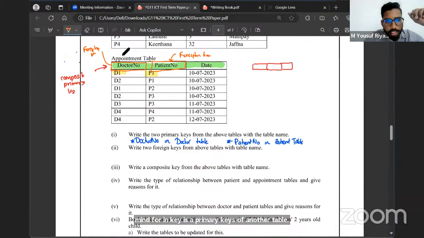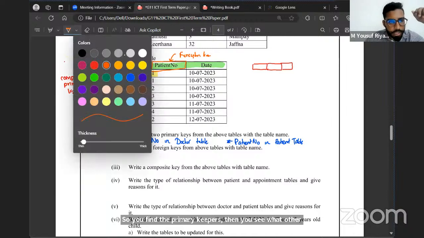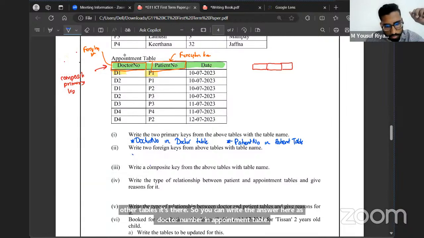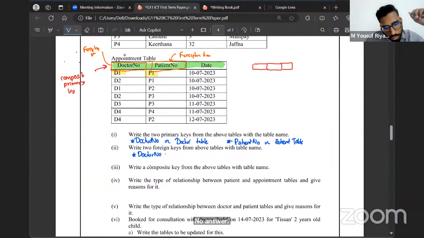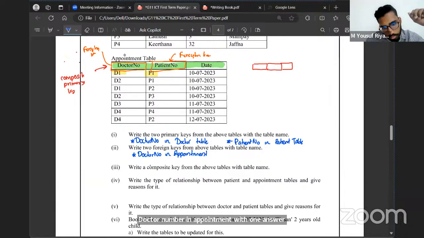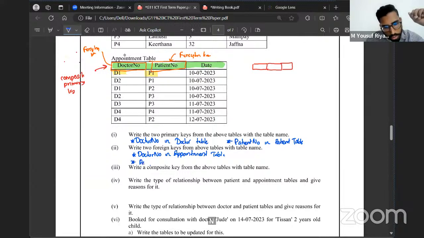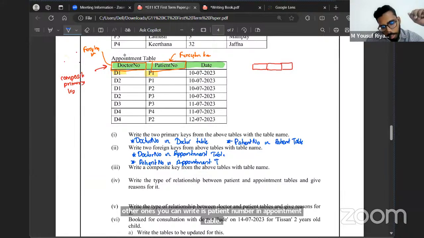You can write the answer as doctor number in appointment table, one answer. Another answer is patient number in appointment table. Is that clear?